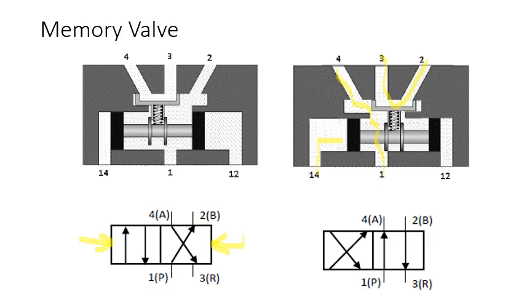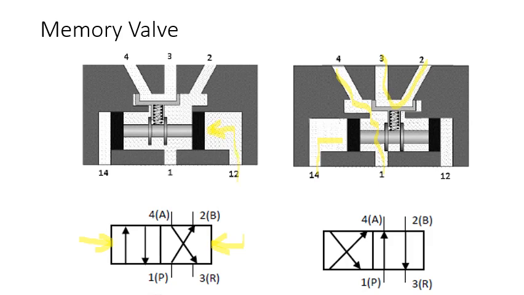Now, until you supply the air or a signal to the other end, this valve will not change its position. For that reason we call this a memory valve. It holds its position until you give the next signal. For the next signal, I supply the air pressure on this side. It will push this spool.